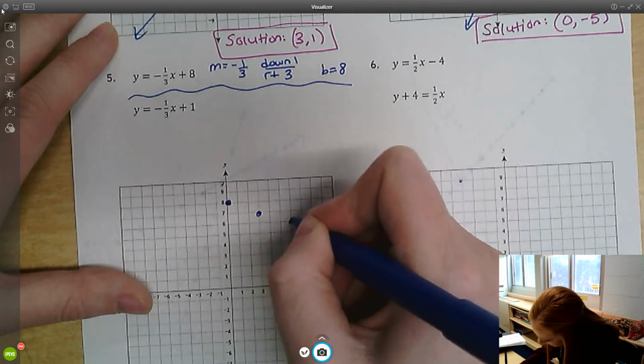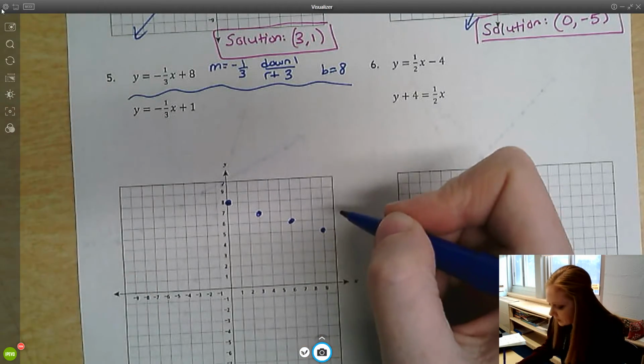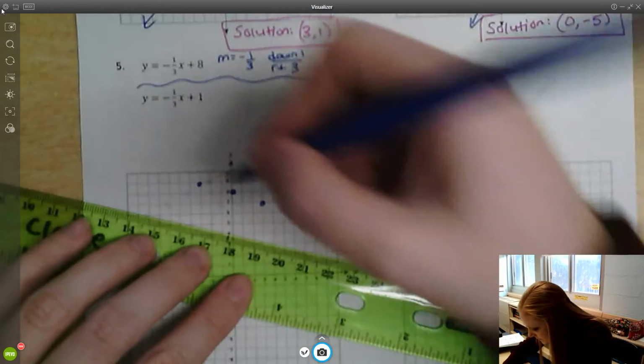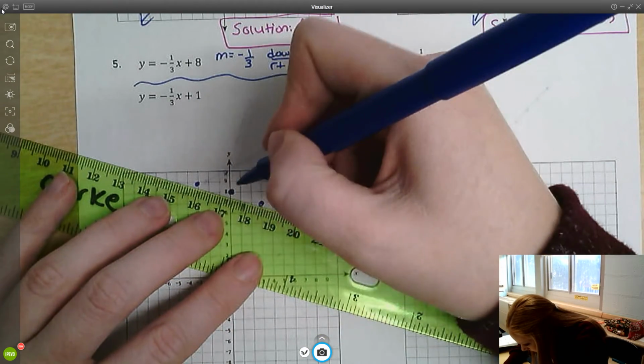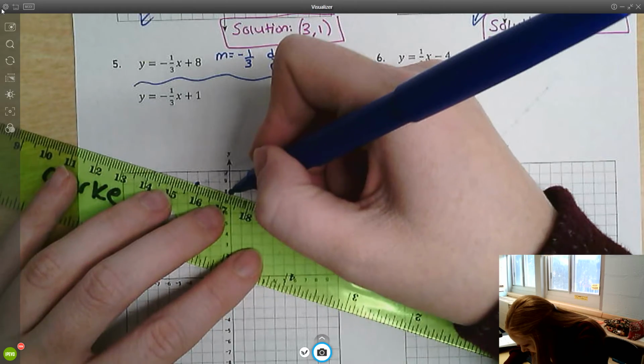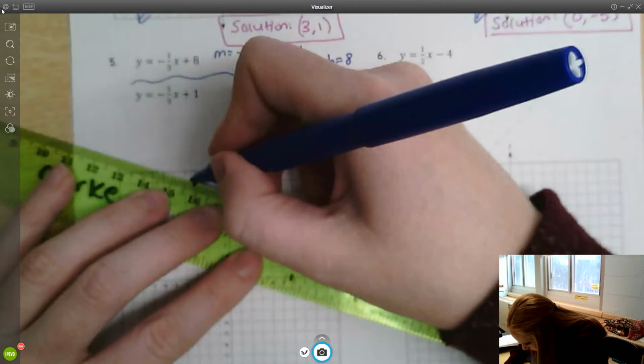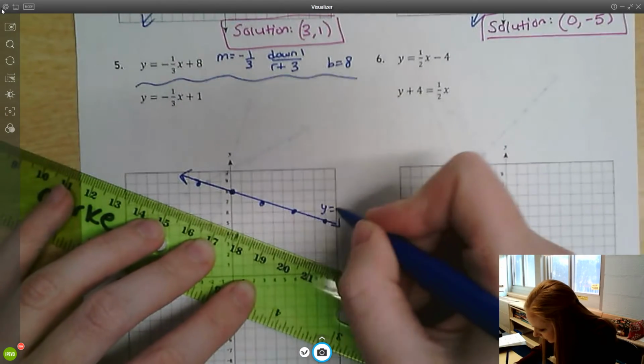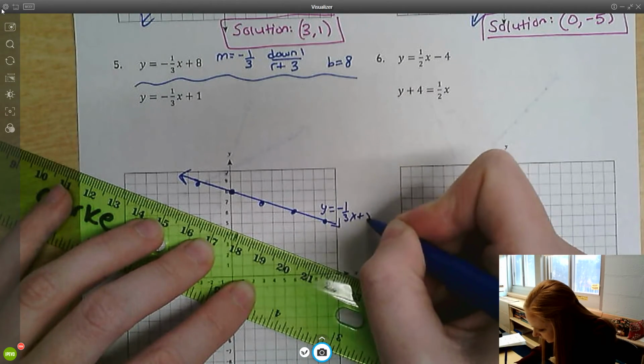You can go up 1, left 3 if you want to get another point in there. y equals negative 1/3 x plus 8.